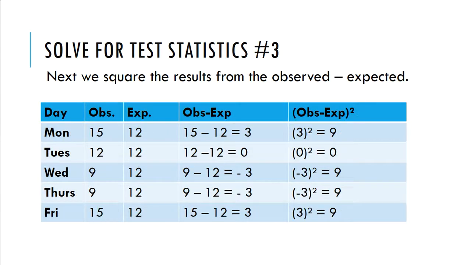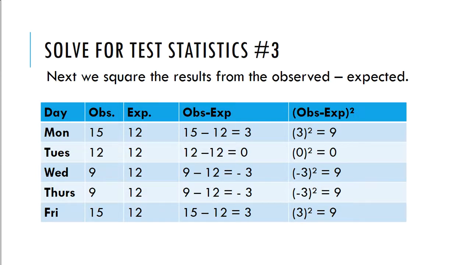So, okay, the next step, and I know you're like, whoa, why are we doing all this work? If you had to do it by hand, and they used to do it by hand, many moons ago when I was an undergrad, I had to do this by hand. We're going to square the observed minus expected. Why are we doing that? Because we want to get rid of those negative numbers. Remember I said before, your test statistic is going to be 0 or greater.